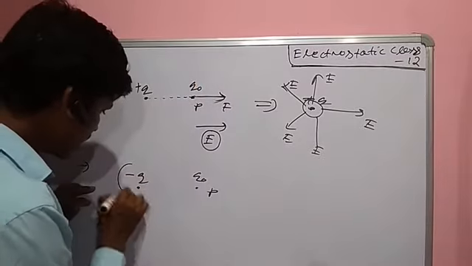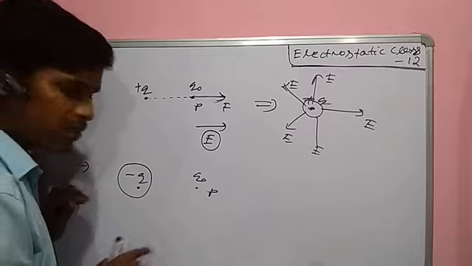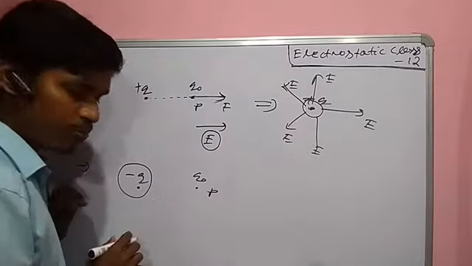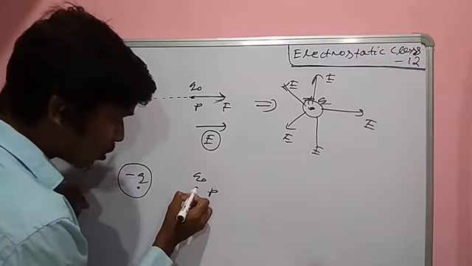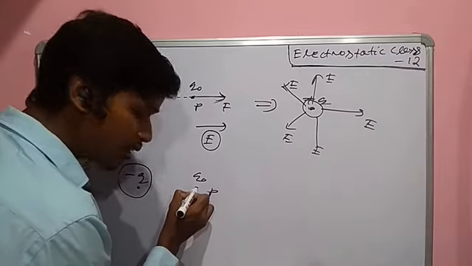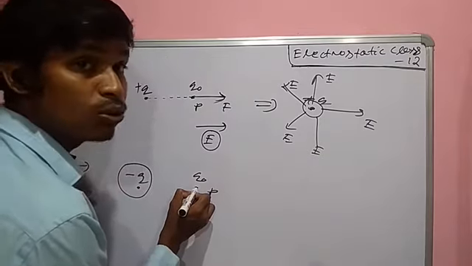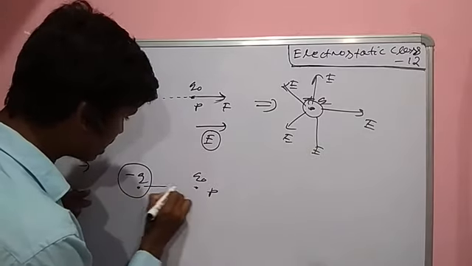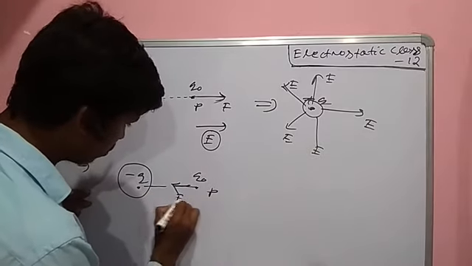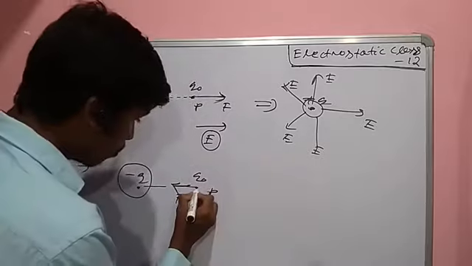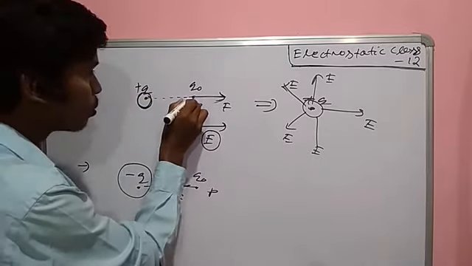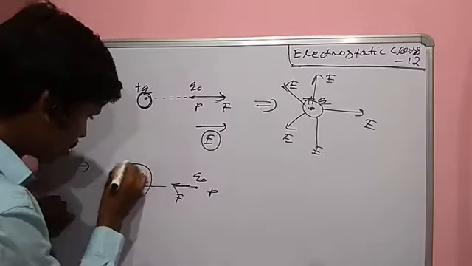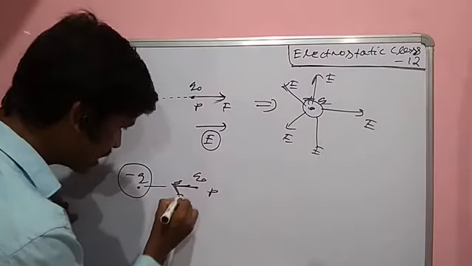Here source charge is negative charge. Test charge is Q0. But force exerted on test charge is in which direction? Direction is in this direction. Yes or no? That means force due to negative source charge is in this direction.